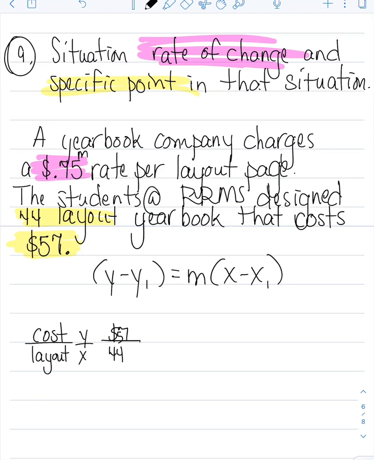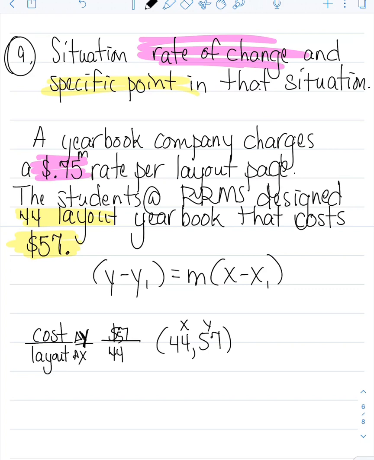The reason I did this is this helps me know what my x and my y are in my point. See that? So if the slope is price per layout page, slope is change in y over change in x, so 57 over 44 means my point is 44, 57.